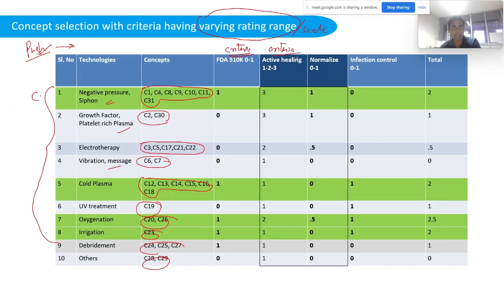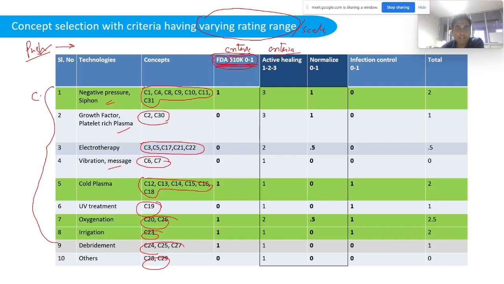But when the range or the kind of value is not the same, for example, when we consider a criterion like FDA 510K, that means is it easy to get regulatory clearance. FDA 510K is a regulatory rule based on the US Food and Drug Administration.